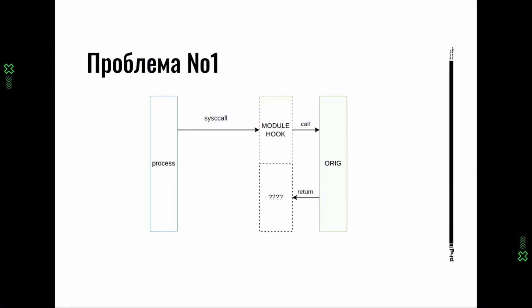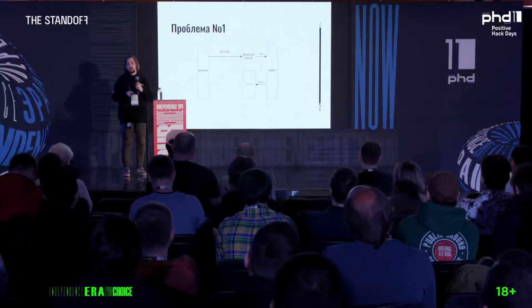Okay, we have called the original, the kernel module is unloaded. So where will it go back? Our module is missing. So the original will go to some trash memory. It can be anything. And this is pretty bad.